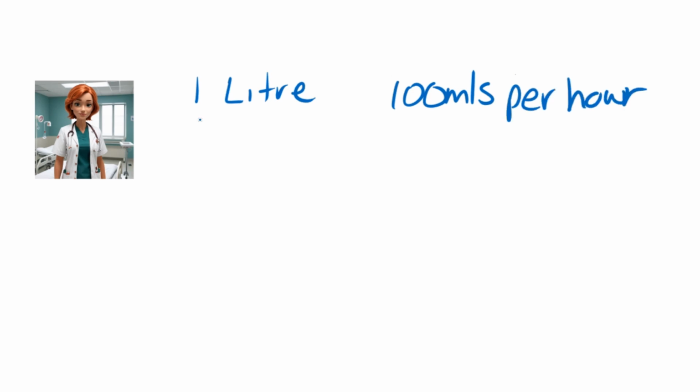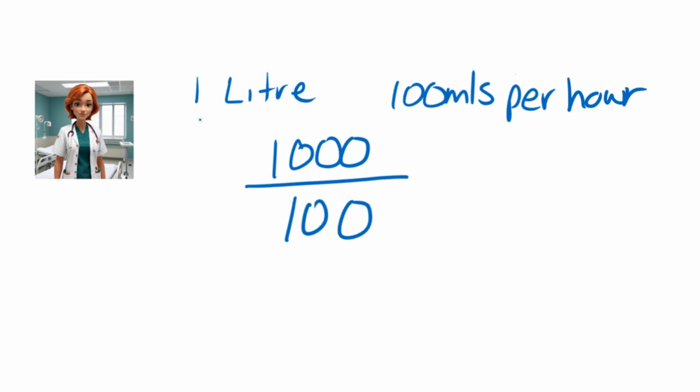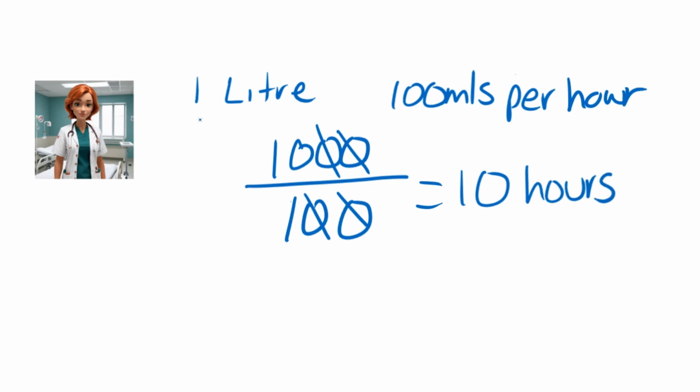We've got to do a little equation here to work out how many hours it's going to take 1 litre to get through the patient. So that fraction is 1,000 mils over 100. After doing the maths, we're left with 10 over 1. So that means that it'll take 10 hours to be administered to the patient.